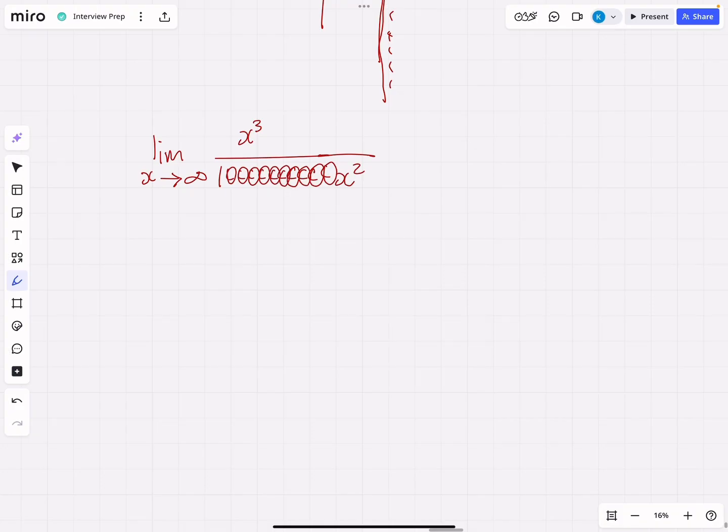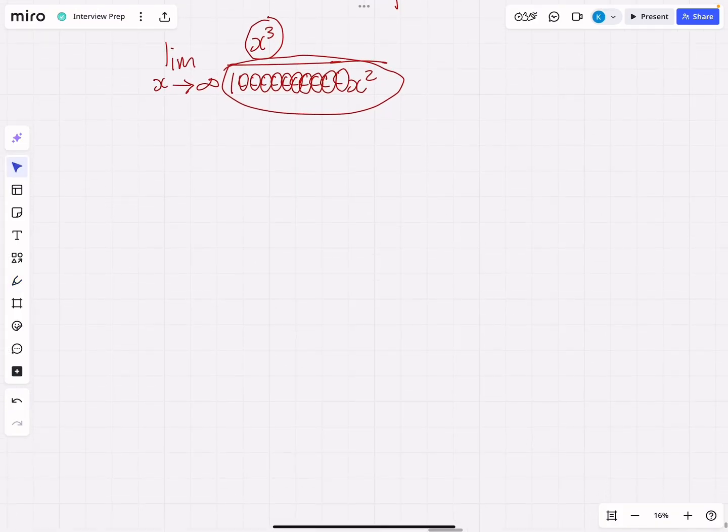Even though I'm dividing by a really, really large number initially, as x tends to positive infinity, this graph will grow much faster than the graph of, I don't know how many zeros this is, x squared, right? Let's take a little bit more of a simpler case.